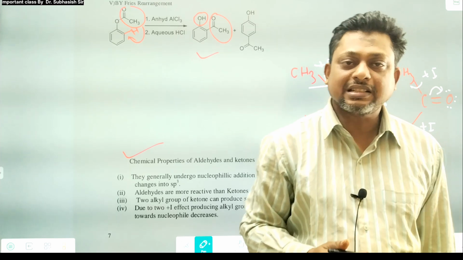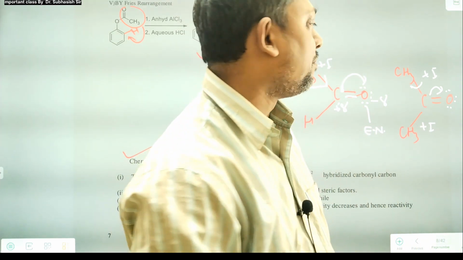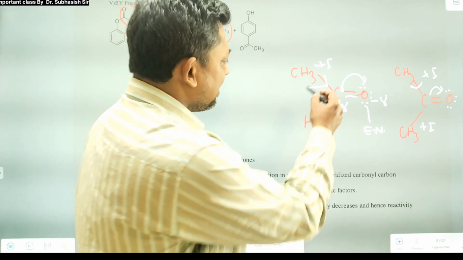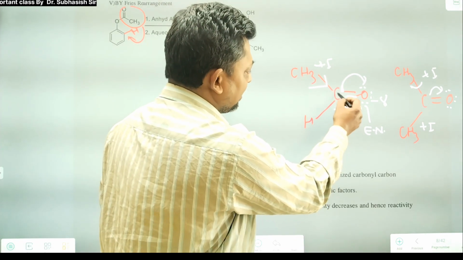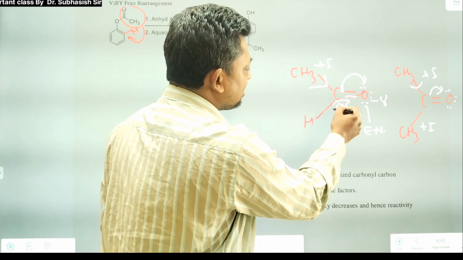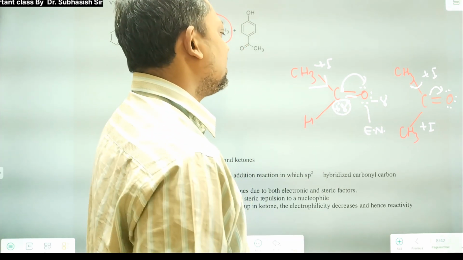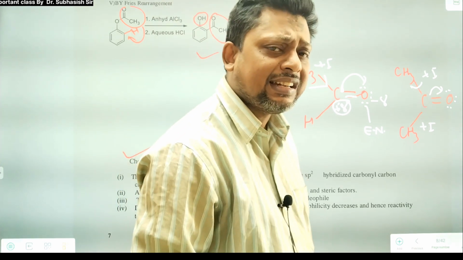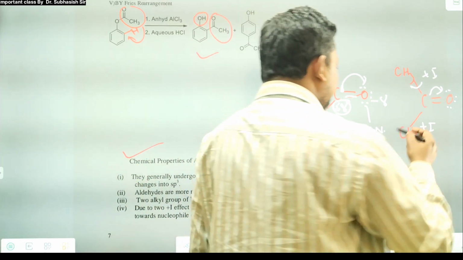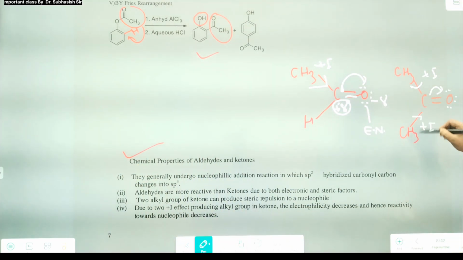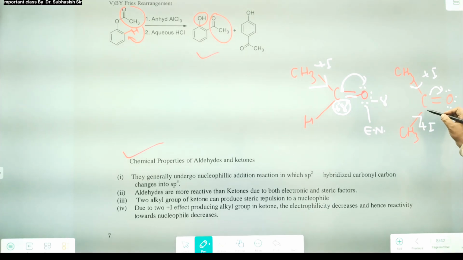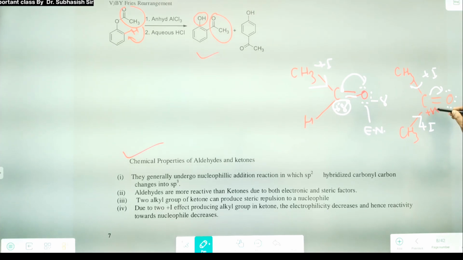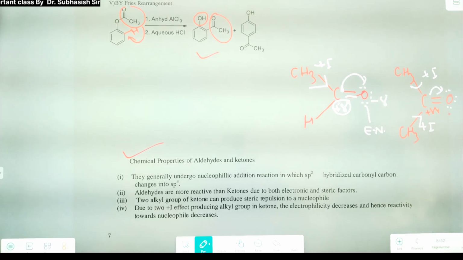So this results in polarization of the bond. Now the interesting thing is what? This plus I effect can decrease the charge on this carbon, so it will become slightly less reactive. But in the case of ketone you can see there are 2 plus I effect groups. So this charge will be what? This charge will be much less as compared to this charge.